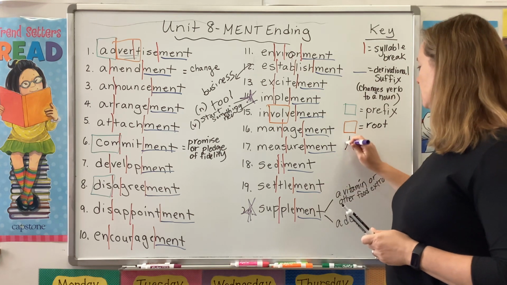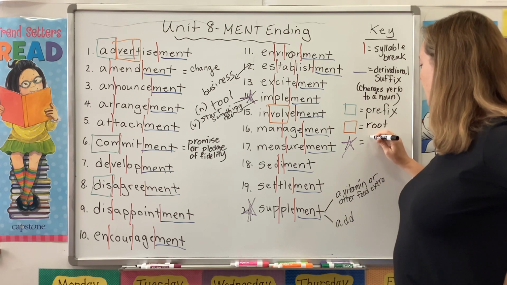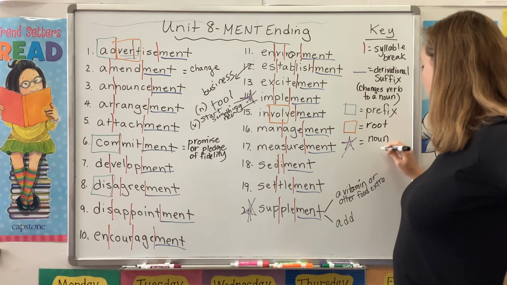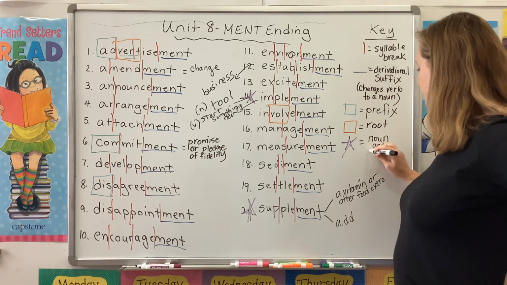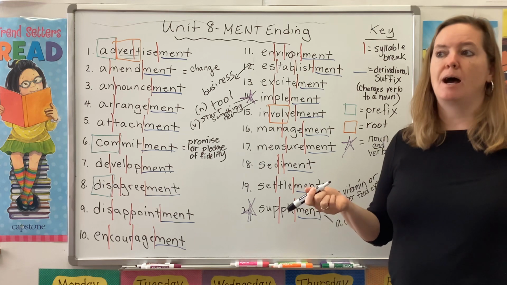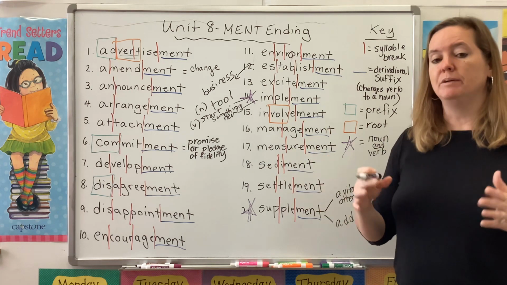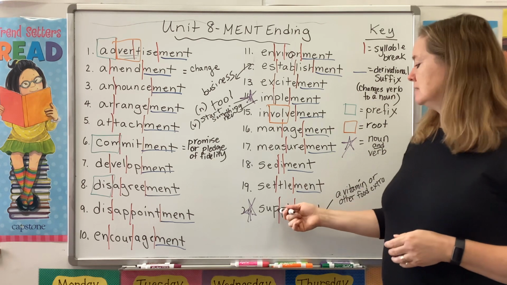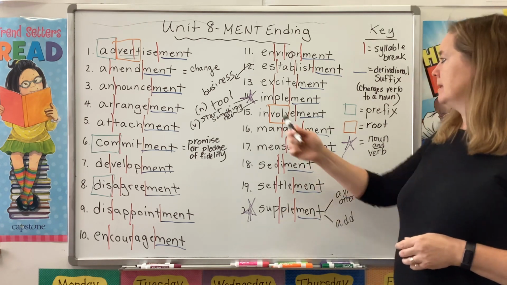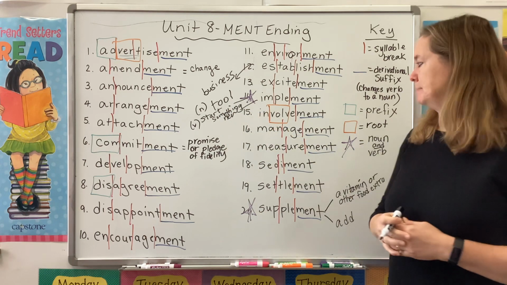So over here, purple star equals noun and verb. But notice they're pronounced the same way. Sometimes if a word is used both ways, like separate and separate, we change the pronunciation. Supplement and supplement, implement and implement, they're pronounced the same way.